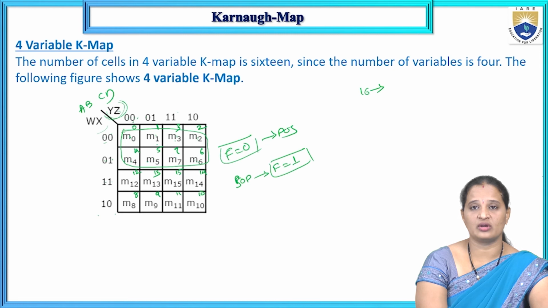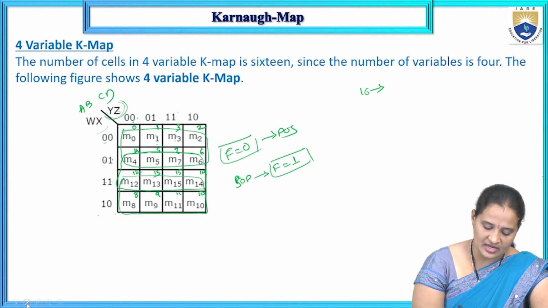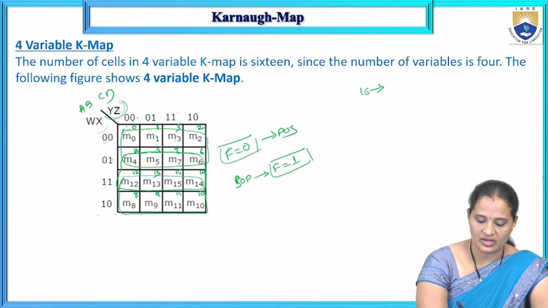So I can form an octet with this, and even I can form an octet with these 8 cells. This is row wise. Similarly, I can also form an octet column wise, so I can form a group of 8 cells column wise also.